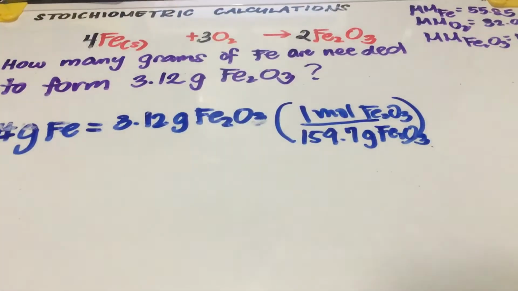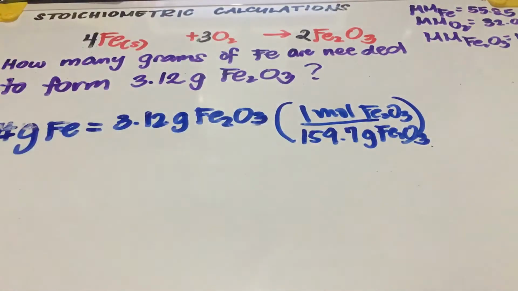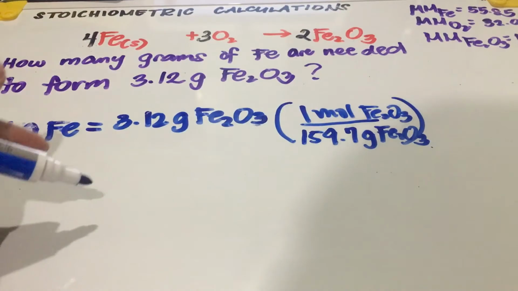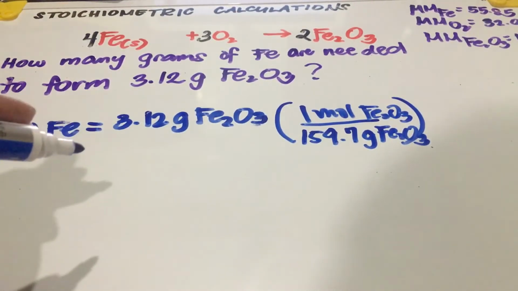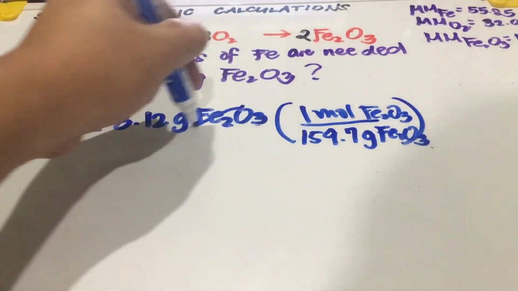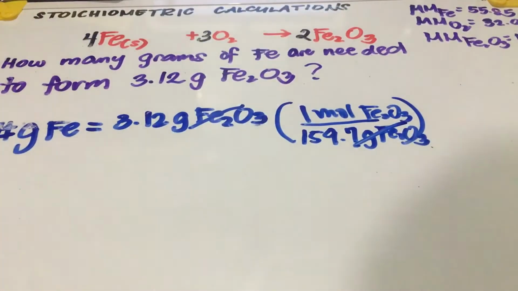Take note, you do not multiply the molar mass with the coefficient in your balanced equation. You are just asked for the molar mass of the compound itself, because the mole ratio serves to do that already. So we can cancel grams of Fe2O3.